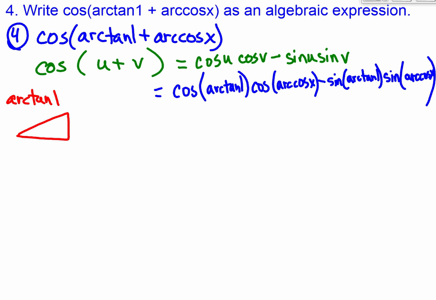If I know the arctangent is 1, that means, what do I know? Tangent is what side over what? So 1 over 1. My picture is obviously not correct then. Opposite over adjacent is 1 and 1. So what's the hypotenuse?